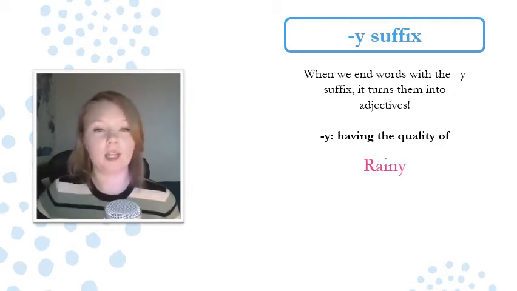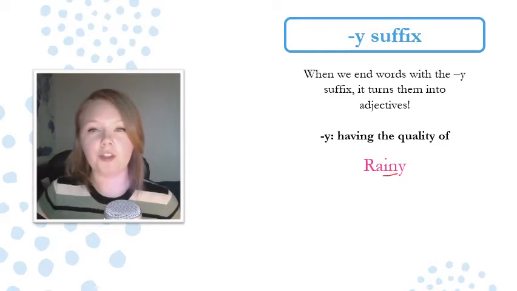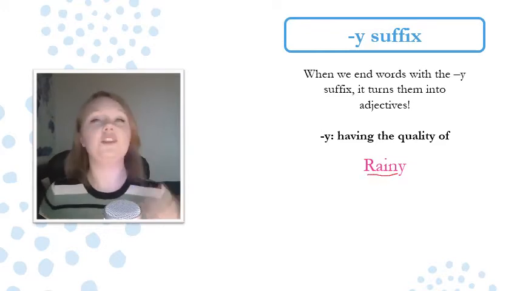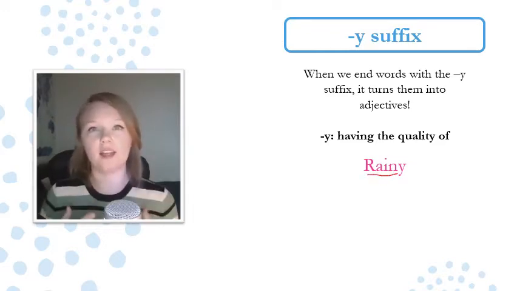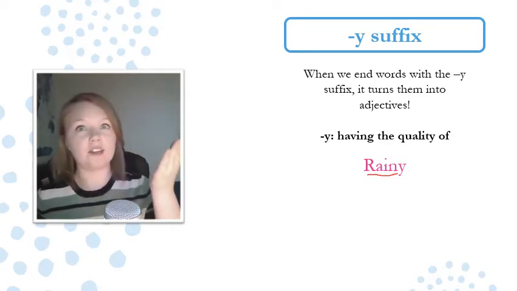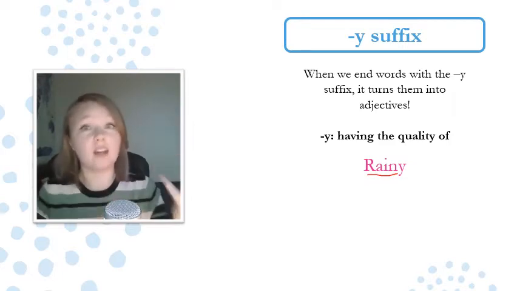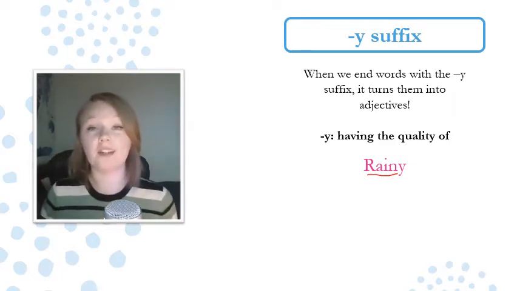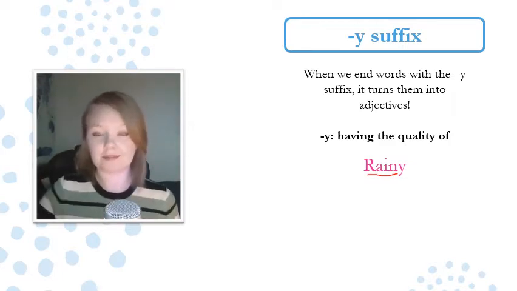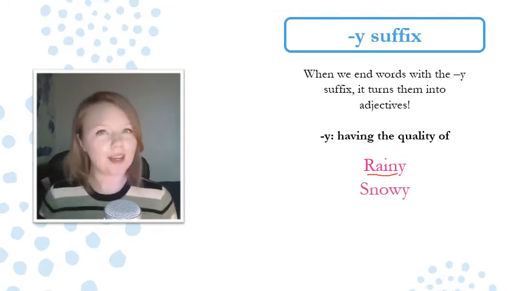Rainy. Here we see we turned the noun rain into an adjective, rainy. It is rainy. This means that the weather has the quality of having a lot of rain. So we'd say it's rainy. Snowy.